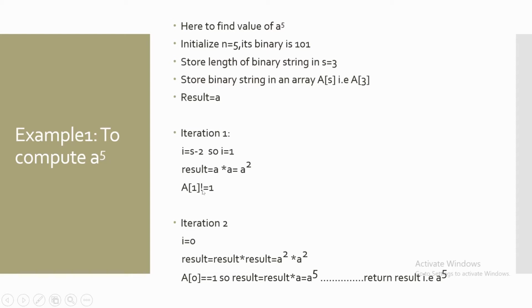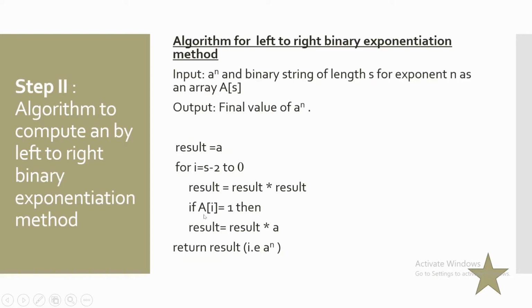Wherever there is 1 in this array, one more a will be multiplied, because I have started from position one, I have not started from position two. So from position one, what is the a[i] value? It is not equal to 1. So a will not be multiplied, because I have said if a[i] is 1, then multiply by a, else it will not multiply.